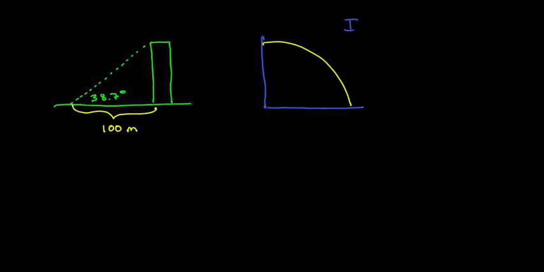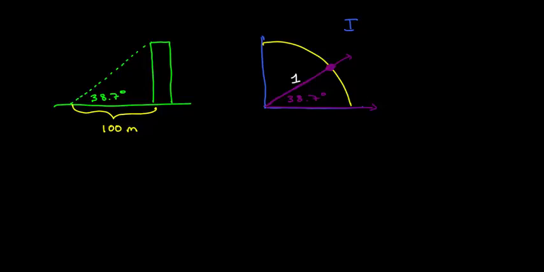So this is 38.7 degrees on the unit circle. Now the length of the hypotenuse here, because it's on the unit circle, let me put a circle there. The length of the hypotenuse is 1, because of course it's the unit circle. It has a radius of 1 unit.